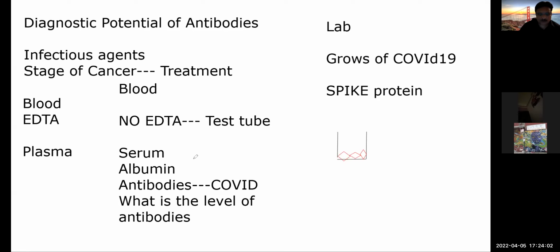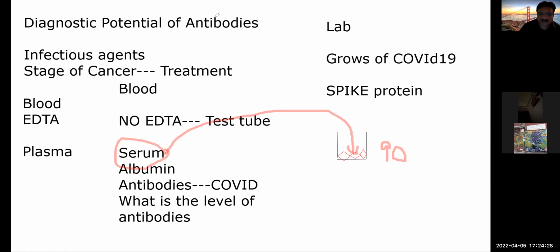Now what you do, you take my serum that you got from my blood and put it on this well of the ELISA plate, and let it sit for maybe, let's say, 90 minutes to give the antibody time to bind.